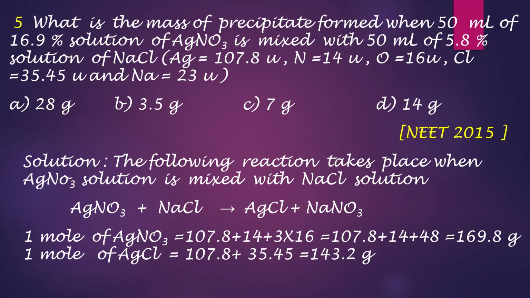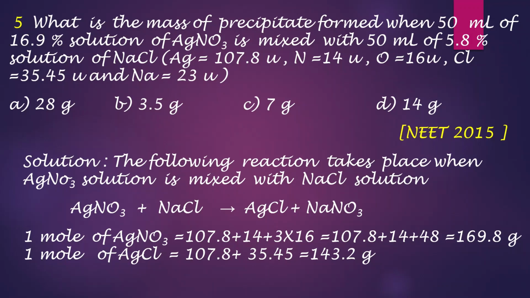So 107.8 gram is the gram atomic mass of silver, plus 14 gram, that is the gram atomic mass of nitrogen, plus 3 into 16, that is the gram atomic mass of oxygen, into 3. If you add all this, you will get 169.8 gram. So 169.8 gram is the molar mass of AgNO3, that is mass of 1 mole of AgNO3.